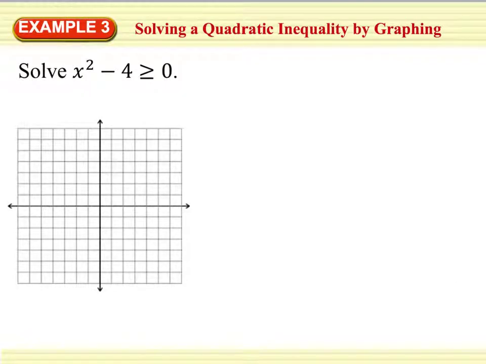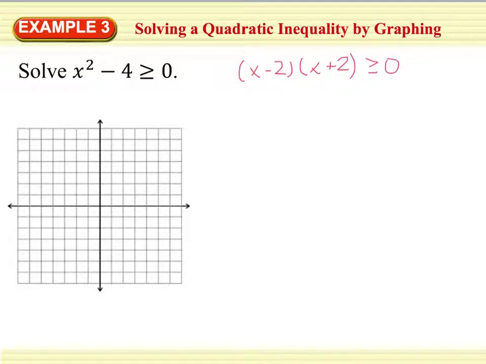So example 3 says that we're going to solve the quantity x squared minus 4 is greater than or equal to 0. Well, first of all, when we solve, we know that we have to end up getting x by itself. And I notice that I have a difference of 2 perfect squares. So that means I can factor this into x minus 2 times x plus 2, and this is going to be greater than or equal to 0.